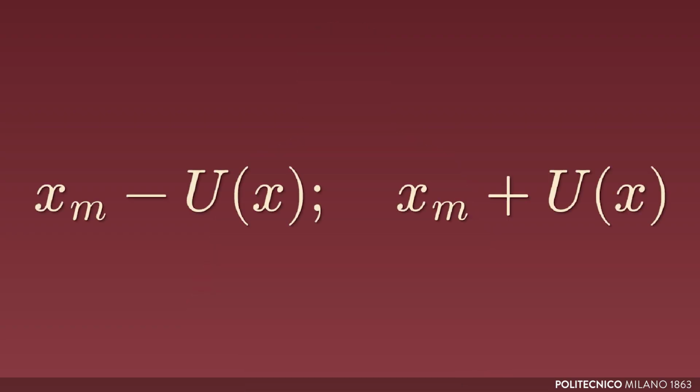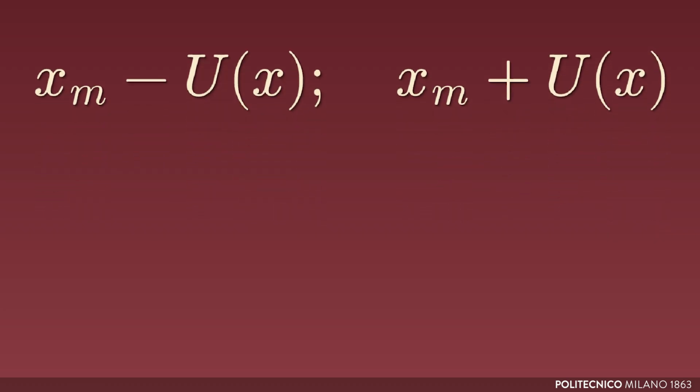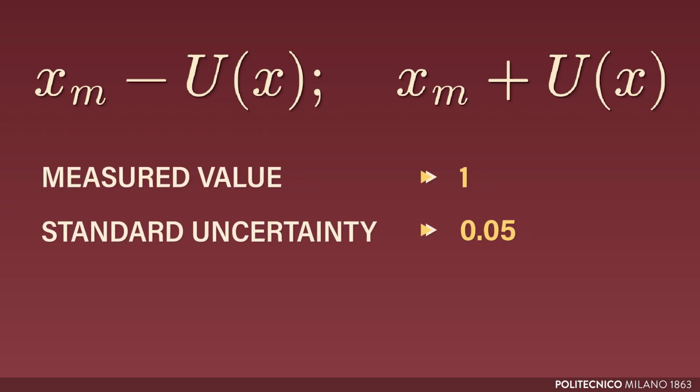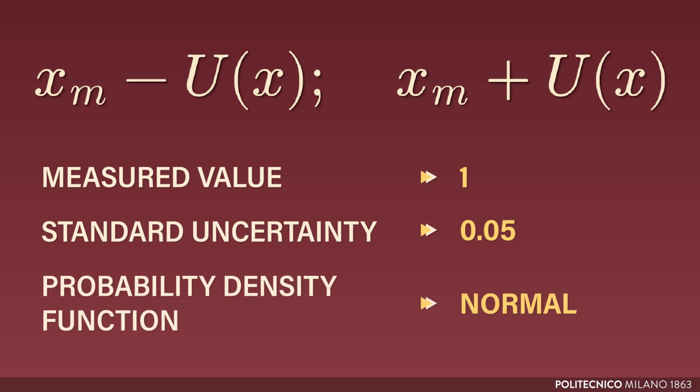The procedure is exactly the same as in the case of the interval built from the standard uncertainty. For example, let us suppose we again have a measured value equal to 1 with a standard uncertainty of 0.05 and a normal probability density function.